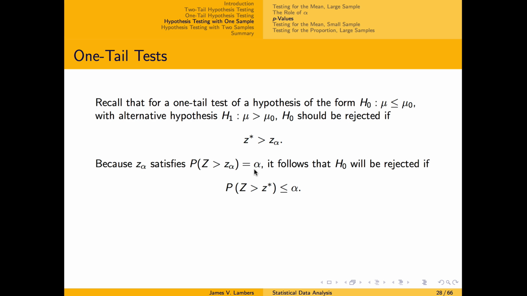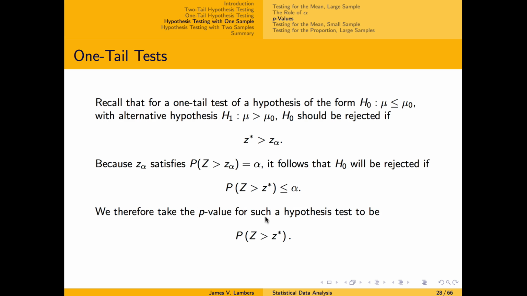Therefore, H0 will be rejected if the probability that z is greater than z star is less than or equal to alpha, because that would mean z star is to the right of z alpha. It follows that this probability, that z is greater than z star, is the smallest level of significance at which H0 will be rejected. So that is the p-value for this test.